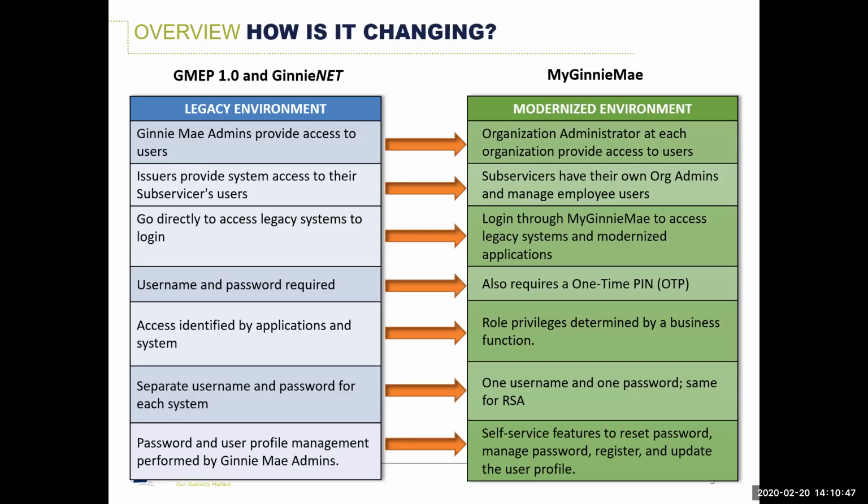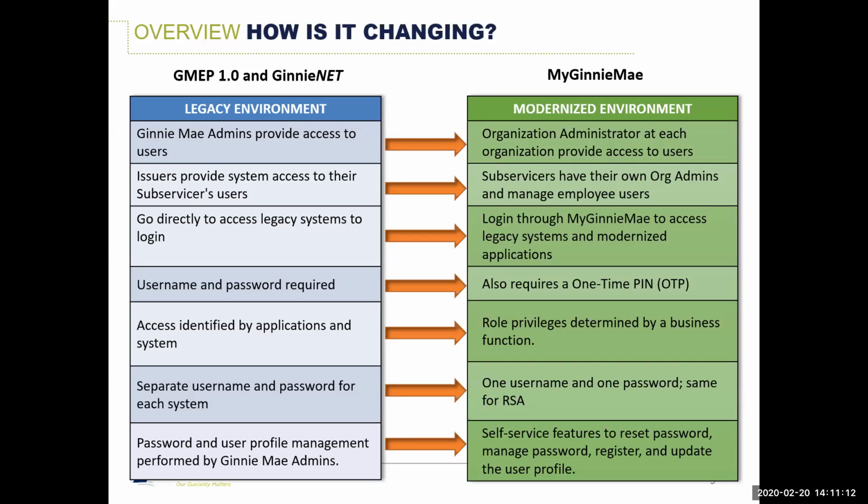In our legacy systems, you had to know exactly which applications you needed access to, and that's no longer true in our MyGinnieMae environment. As long as you have been assigned a proper functional role based on your business responsibilities, any system that you need access to will be provided to you. Again, in our legacy systems, there is a separate email and password or username and password for each system.